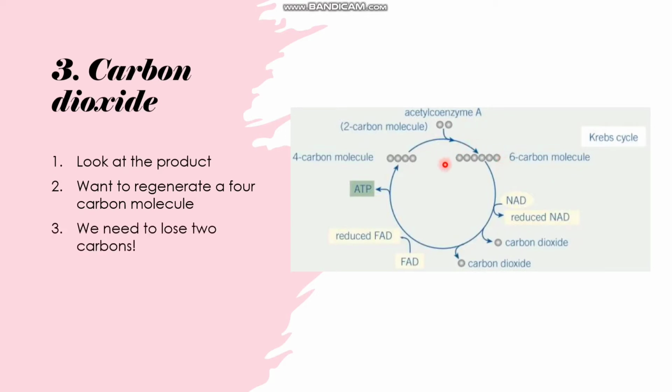So we know we have to lose 2 of these carbons somehow to be able to regenerate our oxaloacetate so we can continue the cycle. So we have to lose 2 carbon dioxide molecules, allowing us to have another 4-carbon molecule so that the cycle can continue. So our oxidized citrate is now going to lose 2 carbon dioxide.